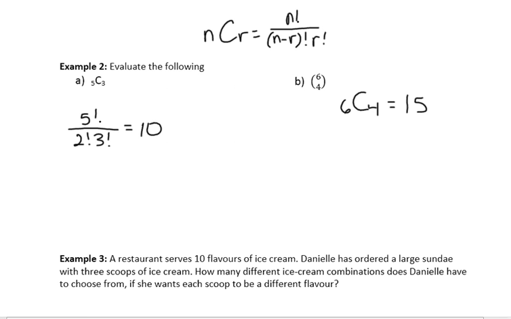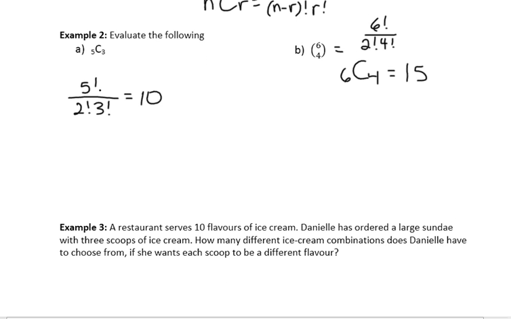Again, if you wanted to use the formula, it'd be 6 factorial over 6 minus 4 is 2 factorial, and then divided by the 4 factorial. And that would also give you 15. So this on B, because that symbol is always a combination symbol. Okay, so that's just another way to write for combinations. You would never see that as permutations, which would always be a P. It would always be written this way here, but with a P.